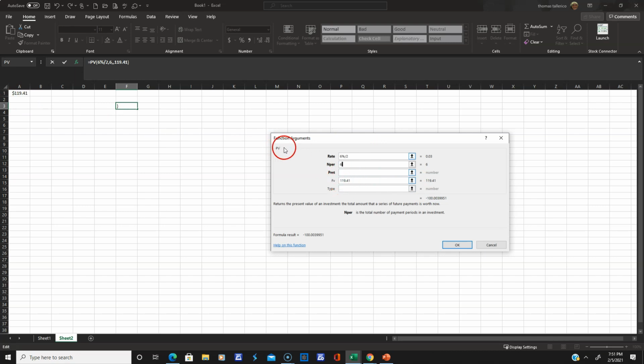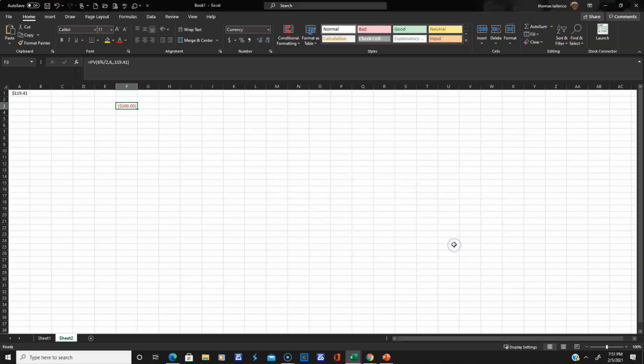So the present value function says, well, put $100 in the bank. Disregard these extra digits here. Put $100 in the bank, and in 3 years, compounded every 6 months, you will have 119.41. So you see, we went backwards on that, okay? And that's really all it takes. And you don't have to worry about equations.